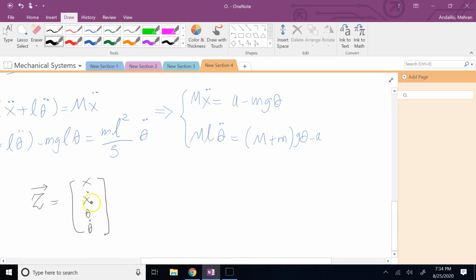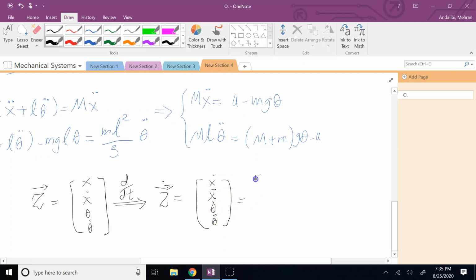Okay, again, I need four state variables, two for x and x dot, two for theta and theta dot, because my equations are on x double dot and theta double dot, right? And now, if I take a time derivative from here, you see that z dot is going to be x dot, x double dot, theta dot, and theta double dot.